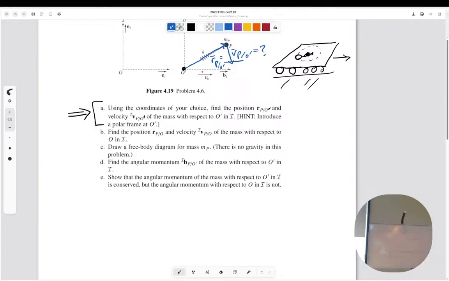Just like angle. Okay. You use cylindrical? Yeah, that would work.